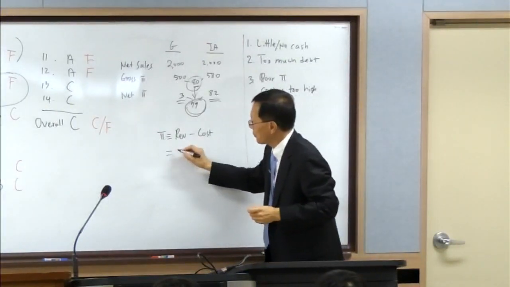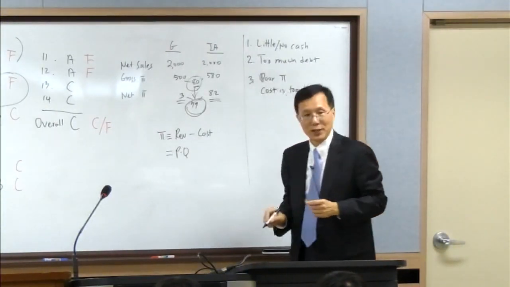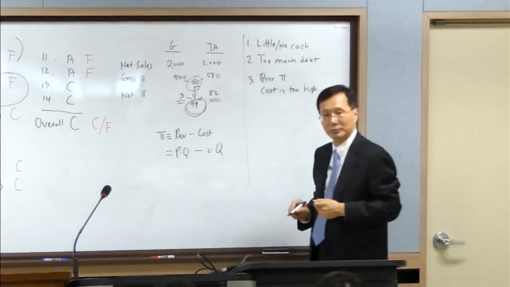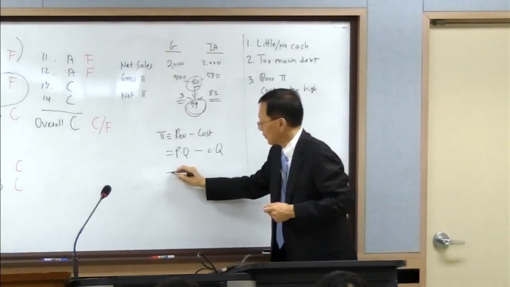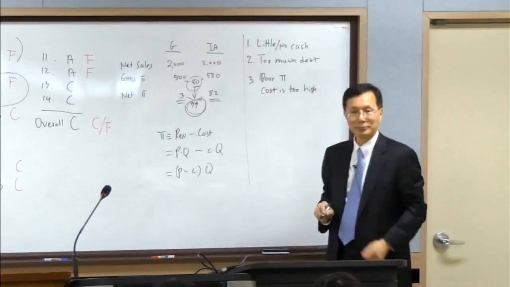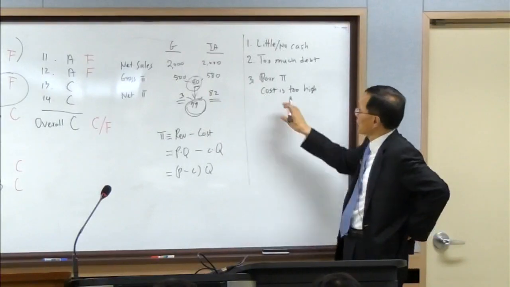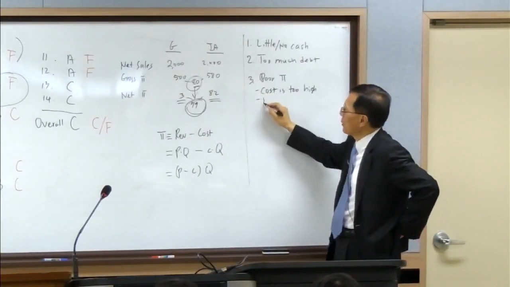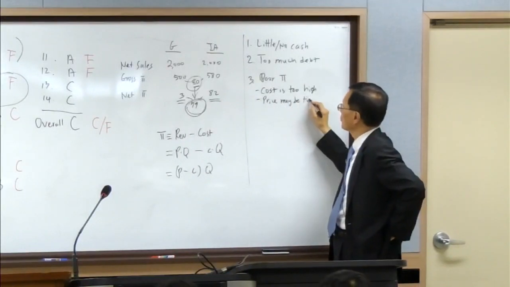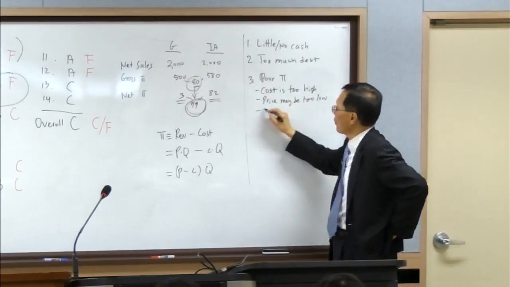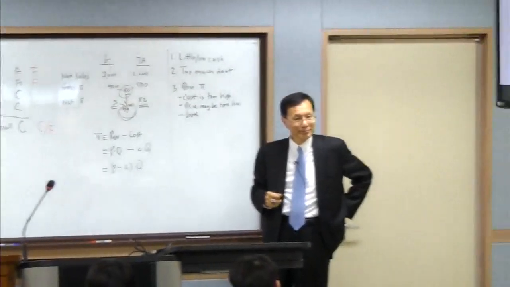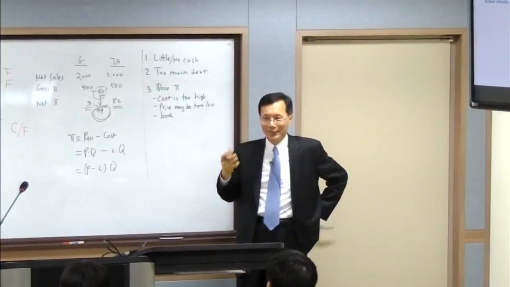Revenue is P times Q, where P is price and Q is quantity. Cost is C times Q. So profit is (P minus C) times Q. Cost may be too high, or price may be too low, or both, right? Do you understand this?